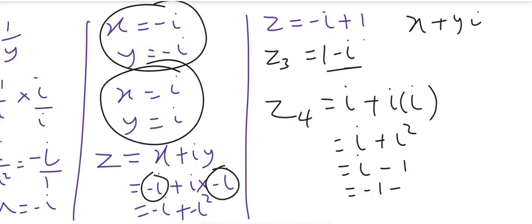So I have minus 1 plus I as the answer. So I have another answer Z4. I have four answers to the question.